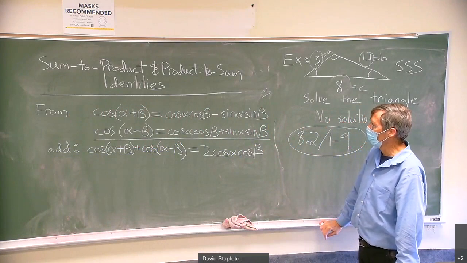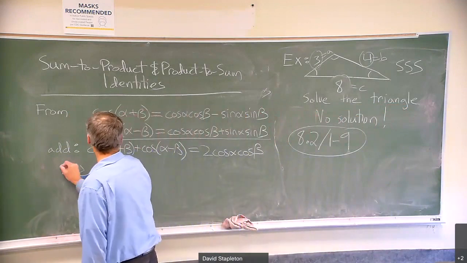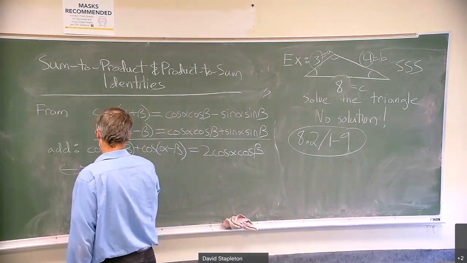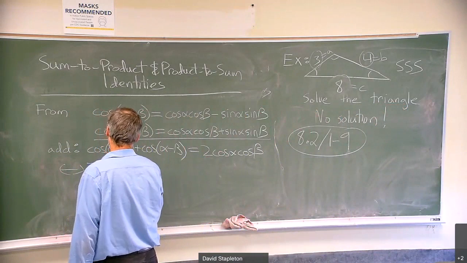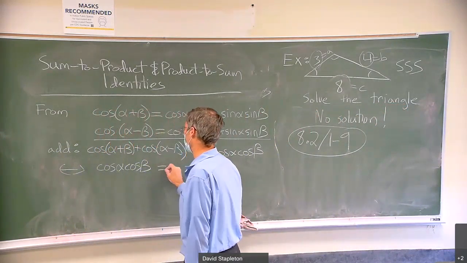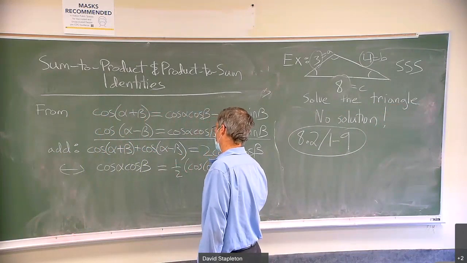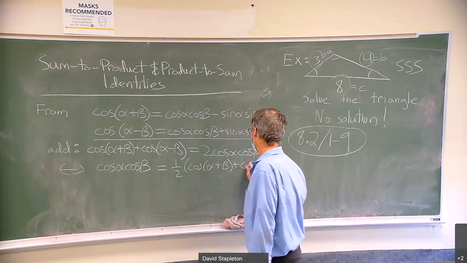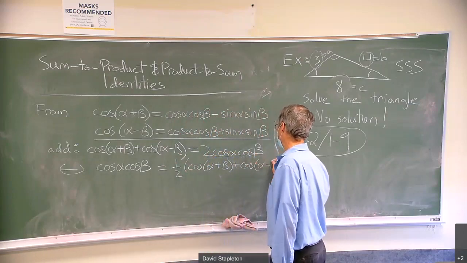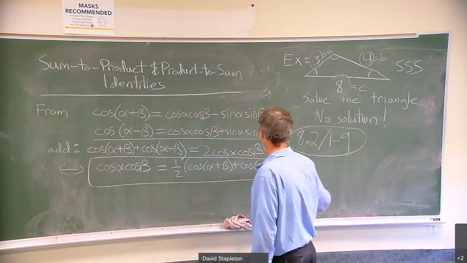Now suppose I divide by 2 and switch sides and get an equivalent equation. Dividing that side by 2 and putting it over here gives cosine alpha cosine beta. Then divide this side by 2 and put it over the right side, and I get 1/2 times cosine of alpha plus beta plus cosine of alpha minus beta. There it is, our first product to sum formula.